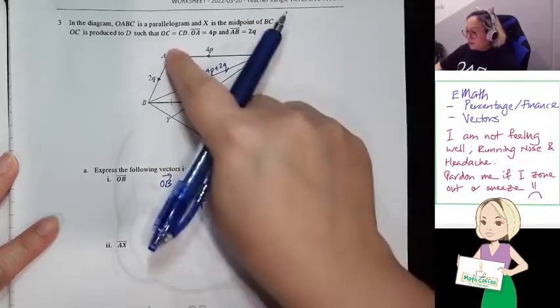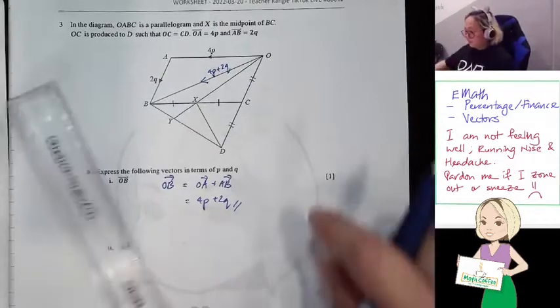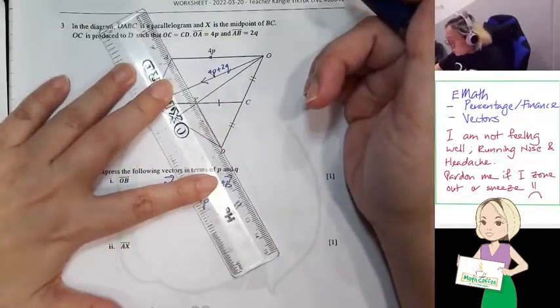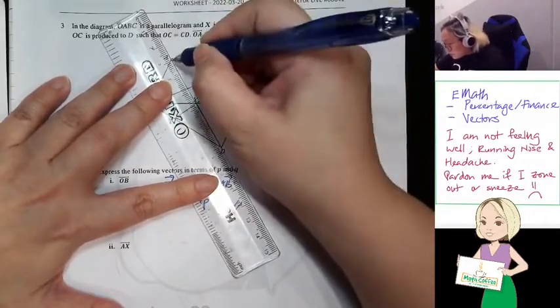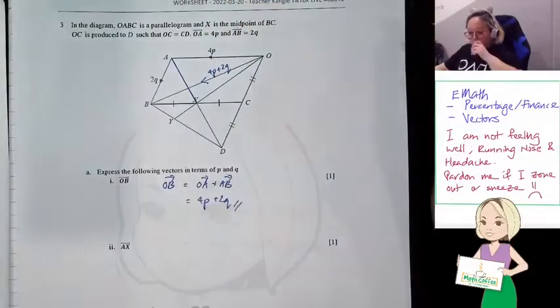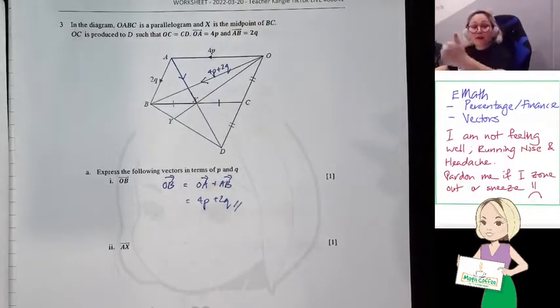Next, they want AX. So I'm going to draw the line AX. You can draw a dotted line, but I draw a solid line. So I'm going to put AX because we have to put the direction.